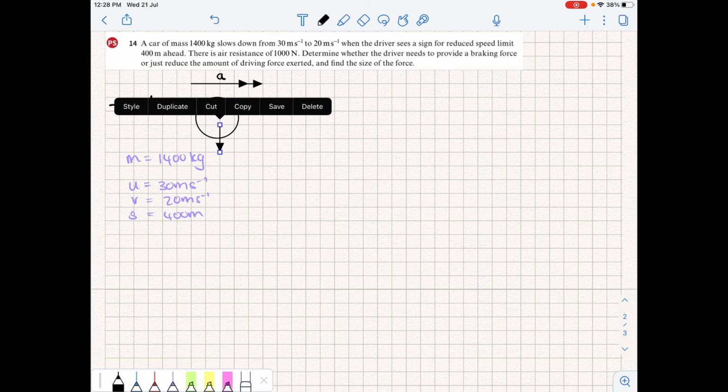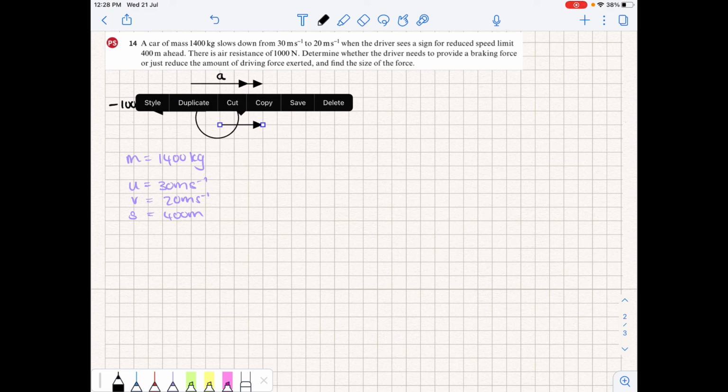Now, the nice thing is that braking force and driving force happen in opposite directions. And so if we get a positive force, we know that it'll be just a reduce in driving force. And if we get a negative force, well, then we know that it had to be a braking force. So this is an unknown. We don't know what it is yet. We know that depending on the sign, it will point in a different direction. Because I don't know the direction yet, I'm just going to say that this force is force X.